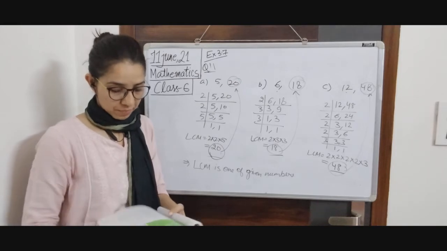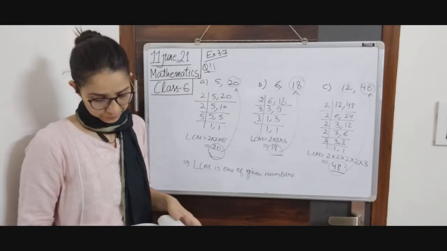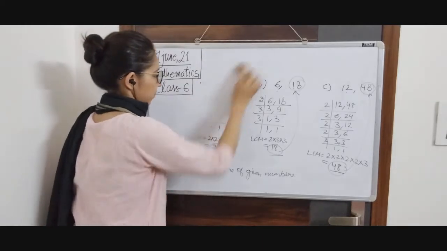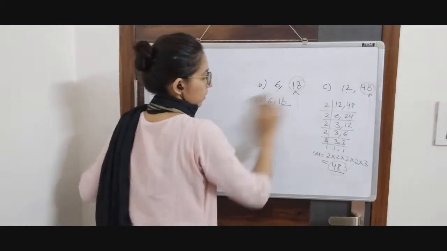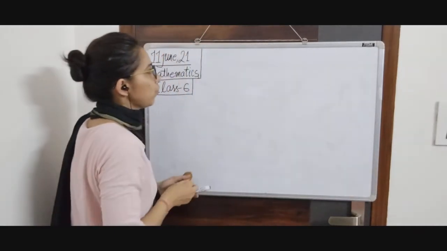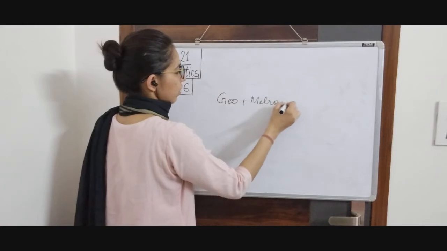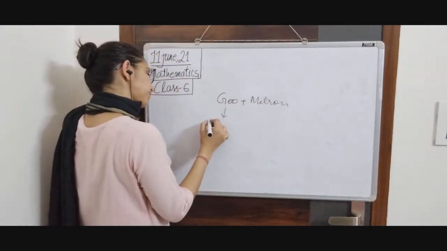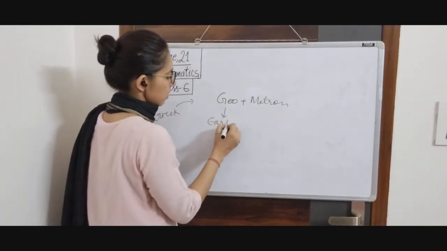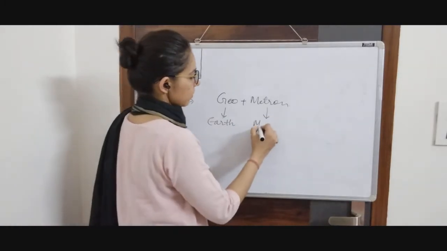Next is chapter number 4, that is basic geometrical ideas. Geometry has come from a Greek word, geo plus metron, where geo means earth and metron means measurement.